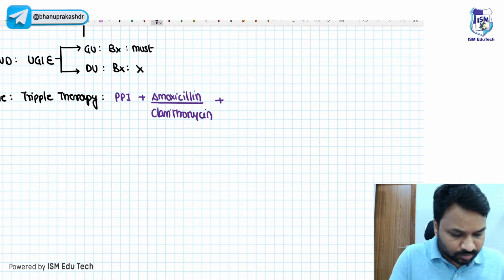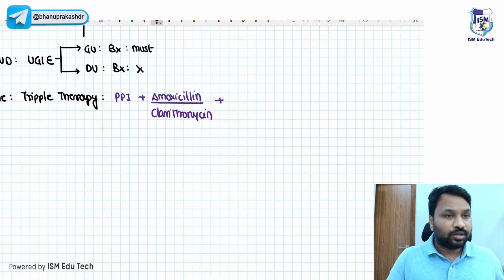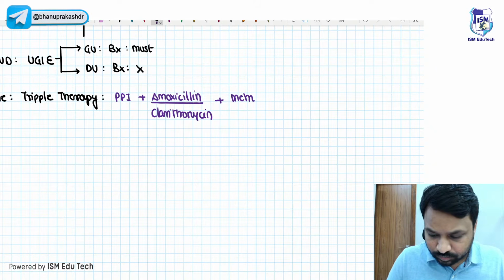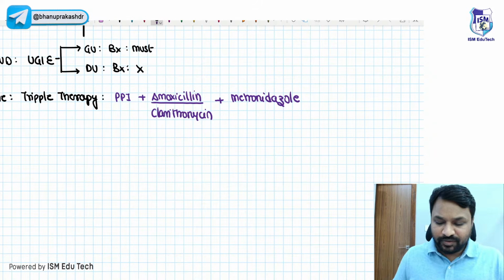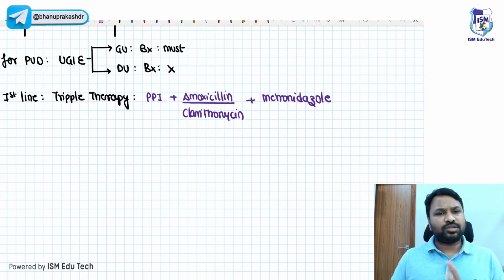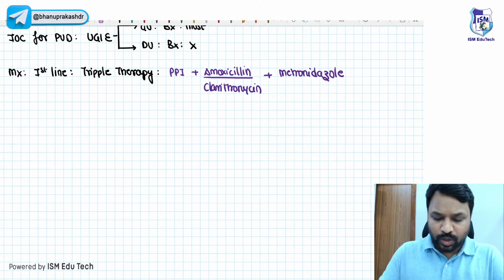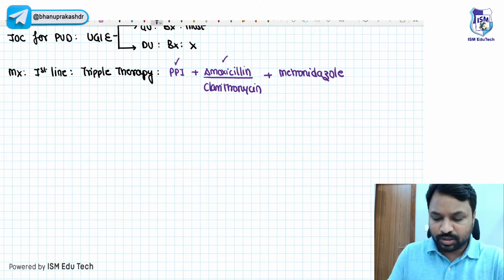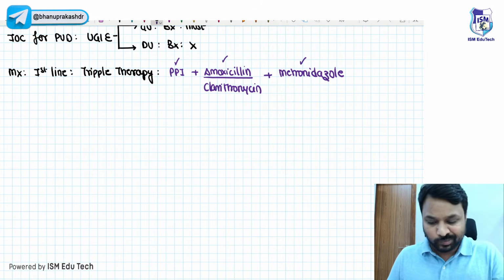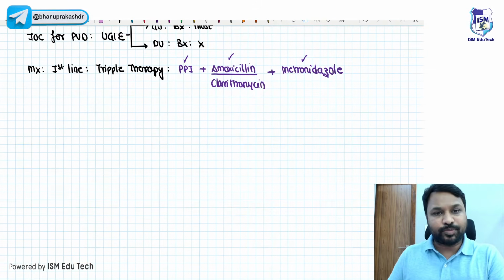Along with that, we are going to give another component, metronidazole. So two antibiotics with a proton pump inhibitor: amoxicillin with metronidazole, or clarithromycin with metronidazole. Anything is fine. Okay, so this is the triple therapy.